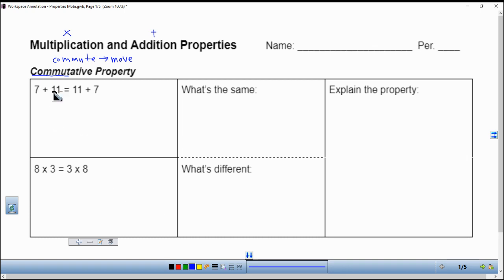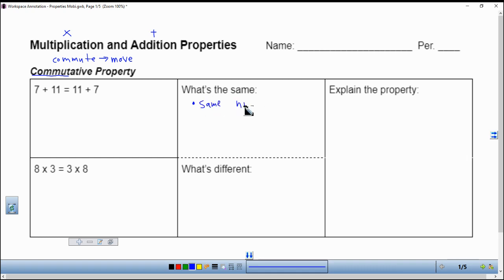All right, so let's take a look at these two expressions. They're equal to each other, 7 plus 11 and 11 plus 7. We also have these two expressions, 8 times 3 and 3 times 8. Well, what's the same about these two examples? It looks like the same numbers.